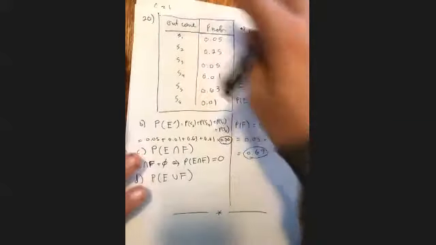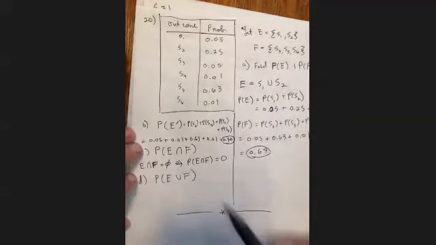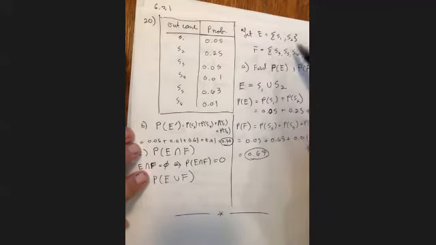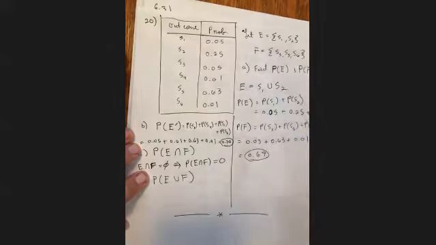That doesn't make sense. All right, then E union F, that is S1, S2, S3, S5, S6, all put together. So everything excluding S4.